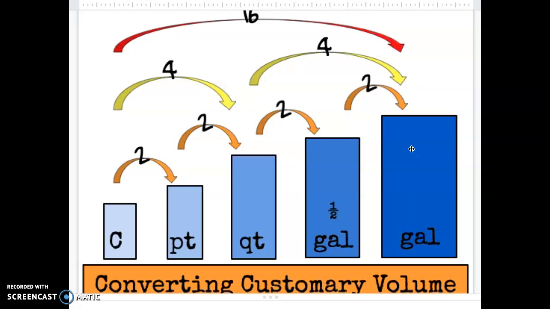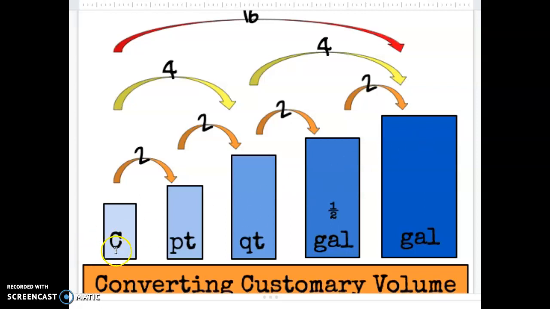Well, these do not involve a shift in the decimal place. However, if you can use this slide to hop between the different volume measurements, it may be a little bit easier for you to do the conversions. Here's what I mean by that.